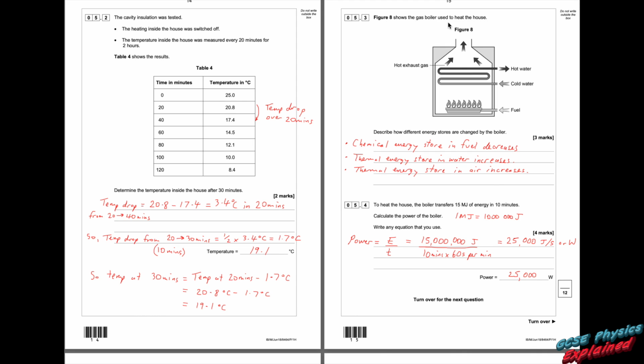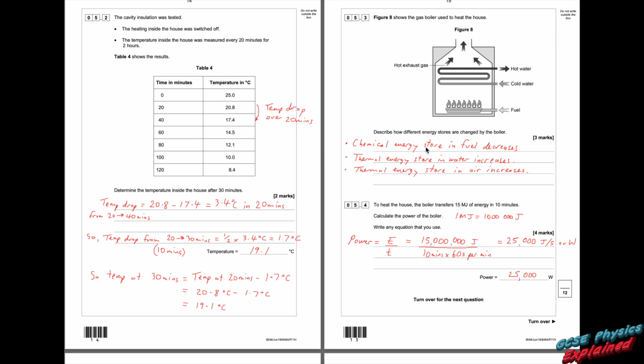Figure 8 shows the gas boiler used to heat the house. Describe how different energy stores are changed by the boiler. So you've got some fuel being put in and getting burnt. That'll create heat, which is turning cold water into hot water, and that heats the air.